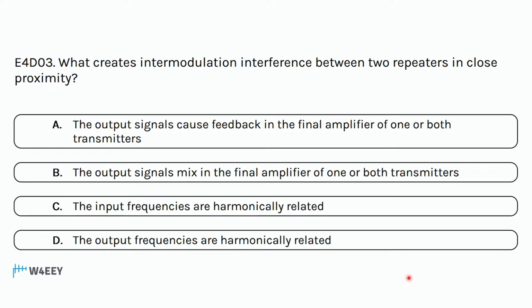What creates intermodulation interference between two repeaters in close proximity? Bravo. Yes, the output signals mix in the final amplifier of one or both transmitters.